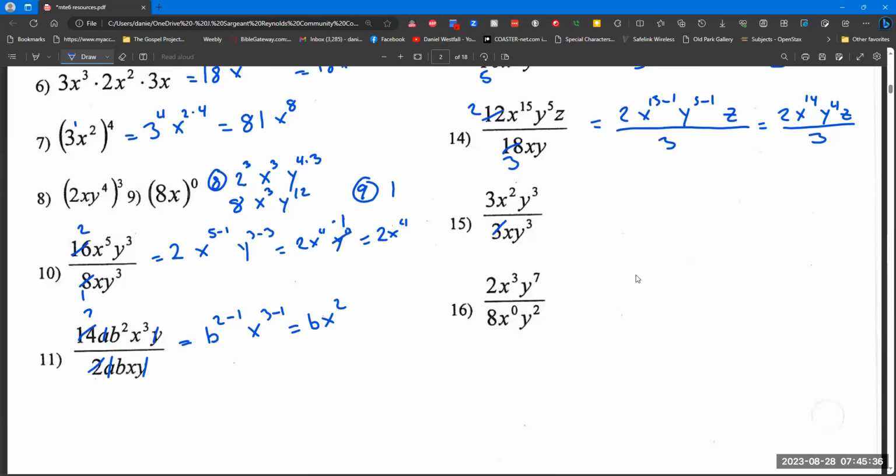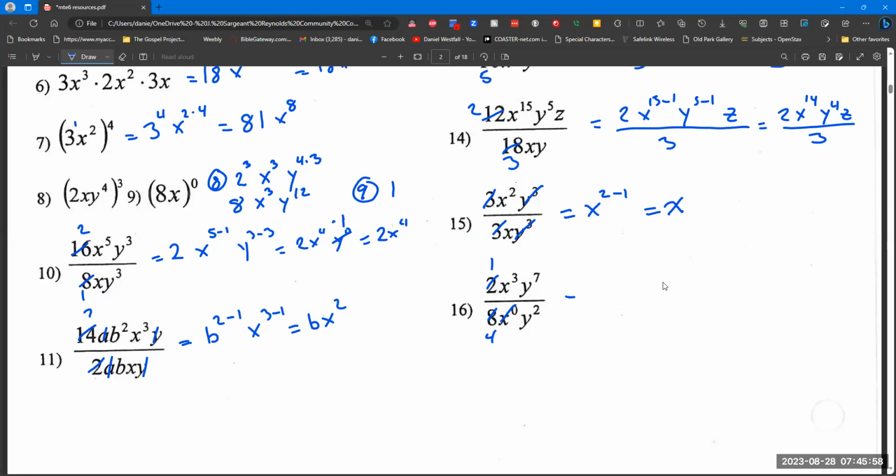Three divided by 3 is 1. Y to the third divided by y to the third is 1. This is x to the 2 minus 1, which is just x. X to the 0 is a 1. 2 goes into 8 4 times.